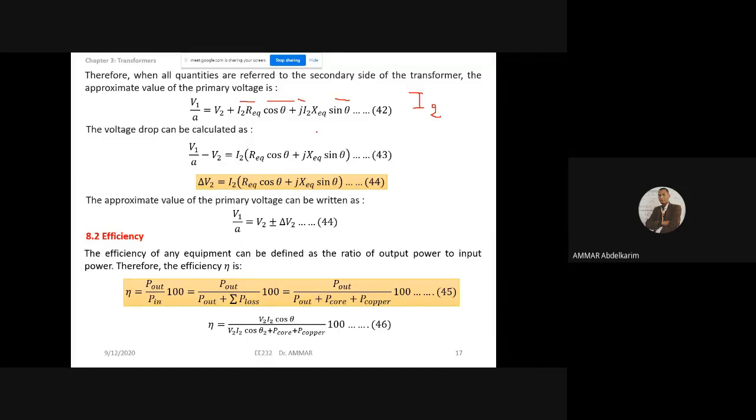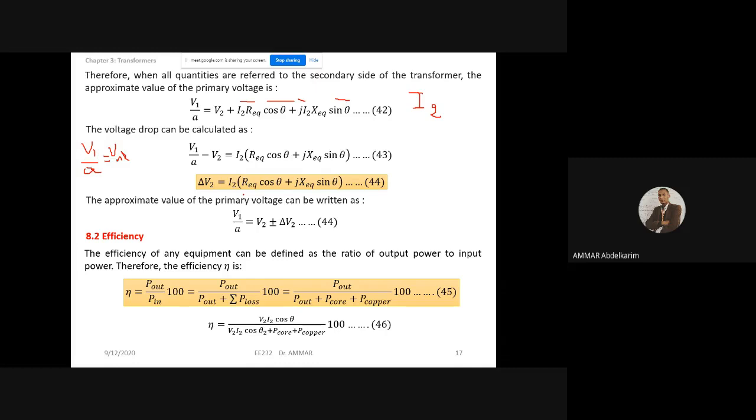Then the voltage drop, which is the difference between the no load voltage, V1 over a, which is the same as V2 in case of no load, minus V2, equals I2 times R equivalent cosine theta plus X equivalent sine theta.